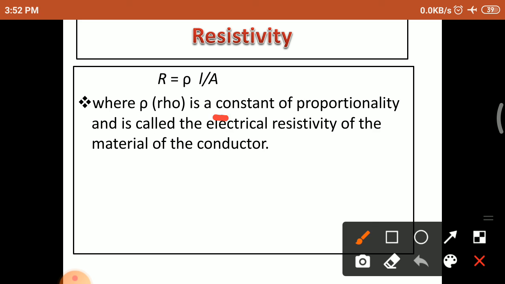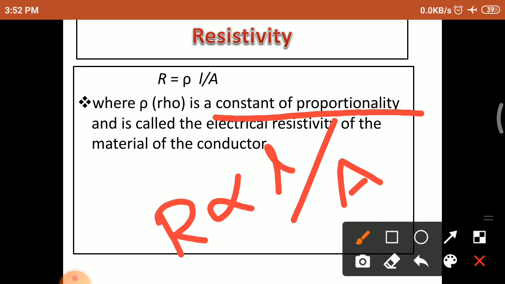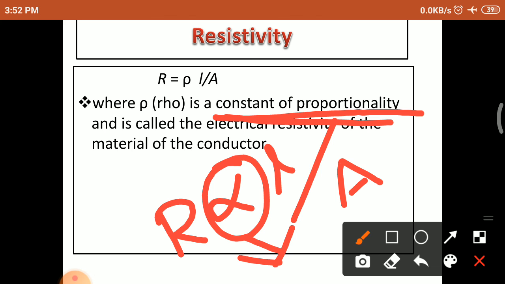Why am I saying that this is a constant of proportionality? In the beginning, you know that R is proportional to L by A. So I have to remove this proportionality and add some constant. That constant is called rho. So it is also called the constant of proportionality or electrical resistivity.